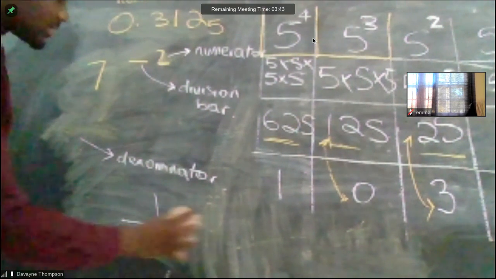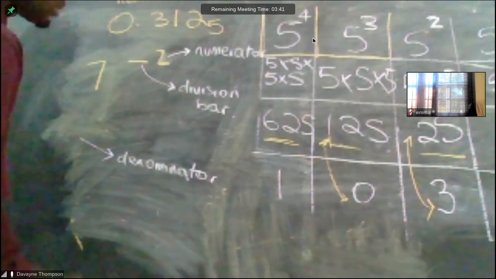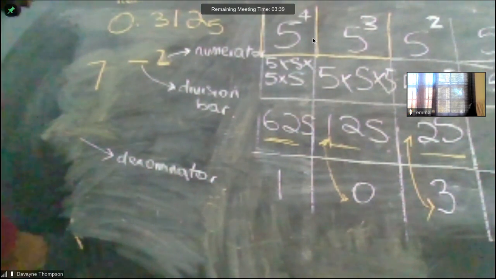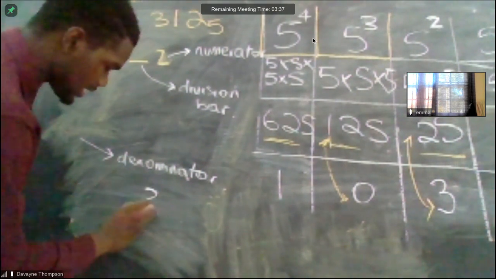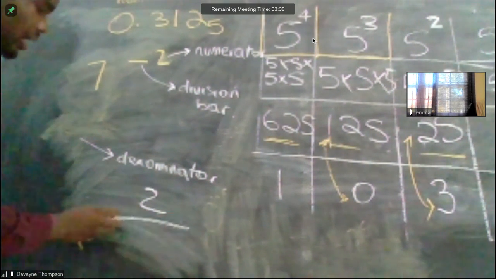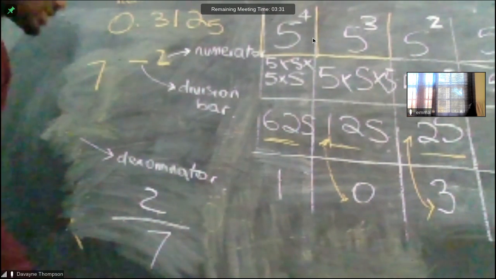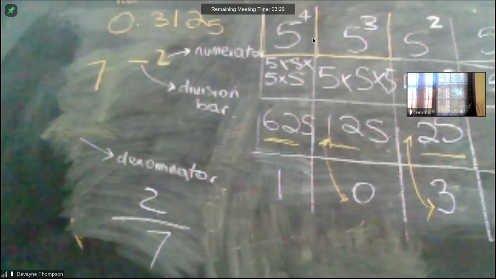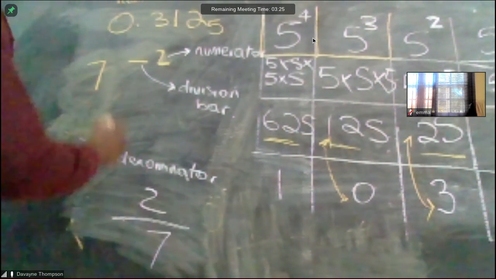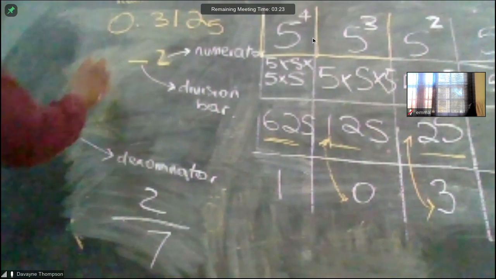Remember the steps? What is the numerator? 2. Excellent. The division bar, and what's the denominator? 7. So what's the answer? 2/7. Wow! Good job, Emma. Thank you. That's way better than I don't know.